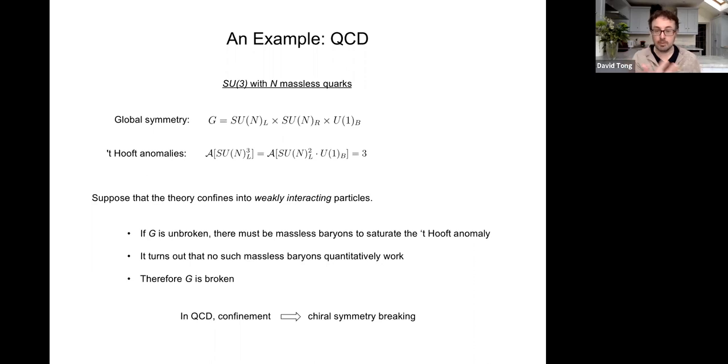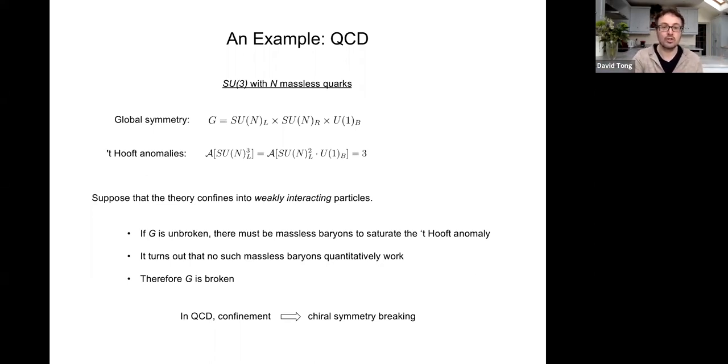The transformation properties of baryons are different from those of quarks, simply because there's 3 quarks in each. And then 't Hooft's calculation is, can you find a collection of massless baryons, massless protons, neutrons, or more exotic multi-quark states, which replicate the 't Hooft anomalies seen by the quarks? And the remarkable answer is no, no such baryons exist.